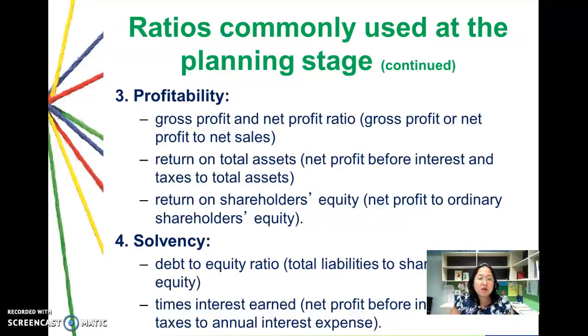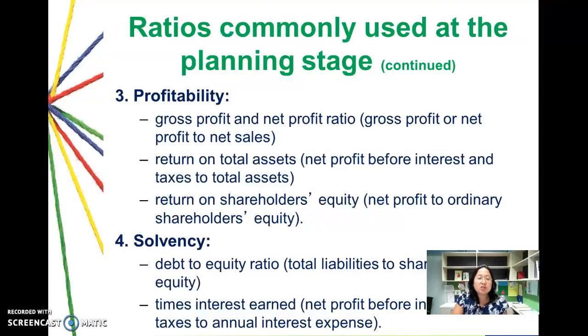The last, the fourth common ratio, is about solvency. That is measured by the debt to equity ratio and times interest earned, right? The debt to equity ratio means the percentage of debt or liabilities over shareholders' equity. Normally the benchmark is 1 or lower than 1, so that means the debt is lower than the capital.